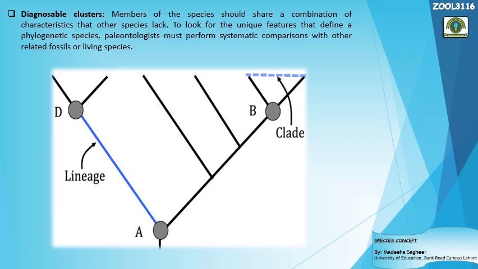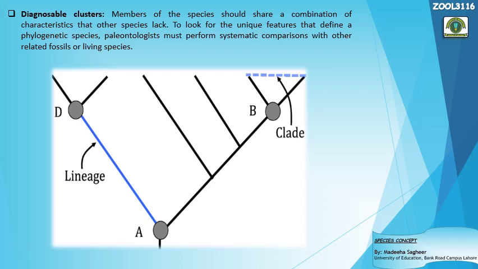So the term we have used in the definition of this concept, clusters, means collection. For a member to be part of a particular species on the basis of the phylogenetic species concept, it should have a collection of characteristics that help it be identified as that particular species. It should not have just one or two characters. One or two characters won't help that member to be part of the particular species.